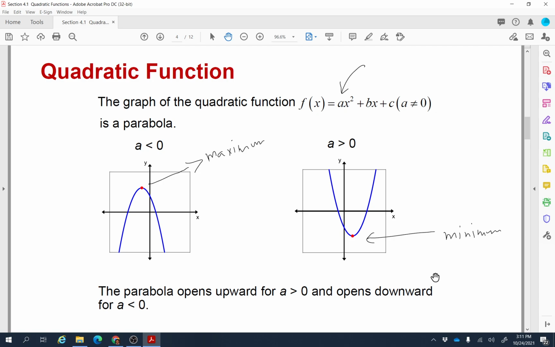We always try to find a maximum or minimum, for example maximum profit, minimum cost. We always try to optimize things in our real life. That's why the use of this particular section is very useful to solve real life problems. Now the question is, how do you find this maximum or minimum value? That's what we're going to discuss later.